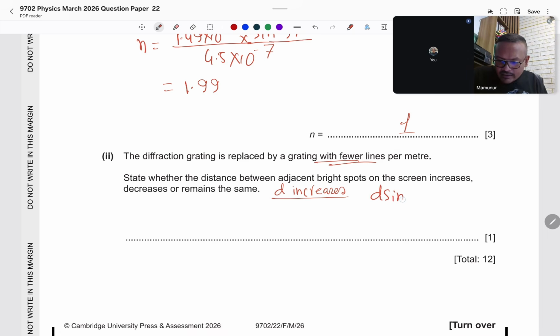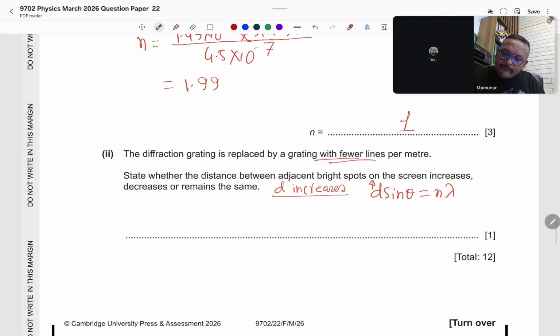We know that d sine theta equals n lambda. So if d increases, n will increase. Before, we got n equals 5. Now for the same distance, we are getting n equals 6.